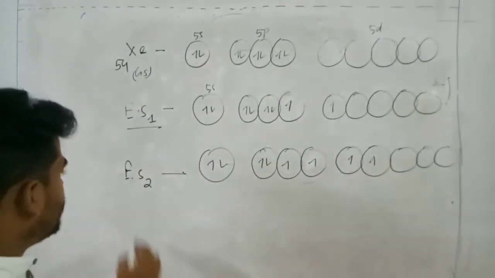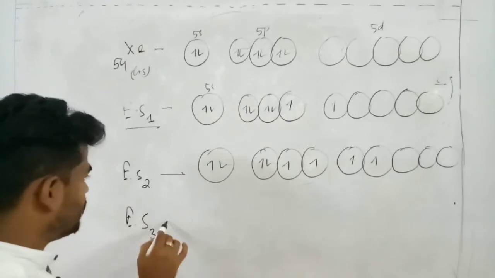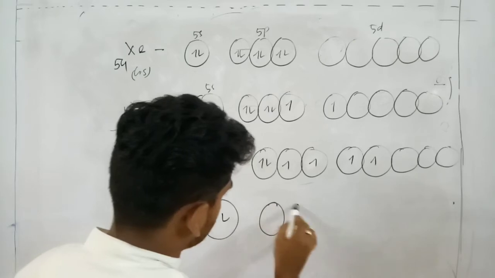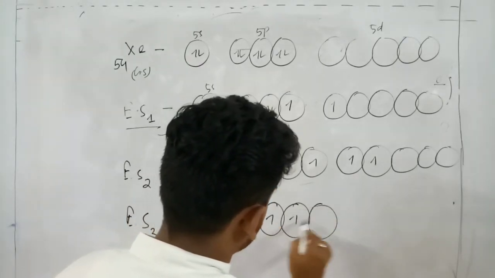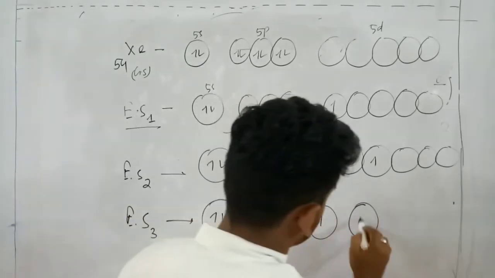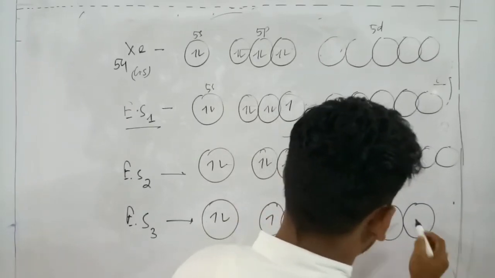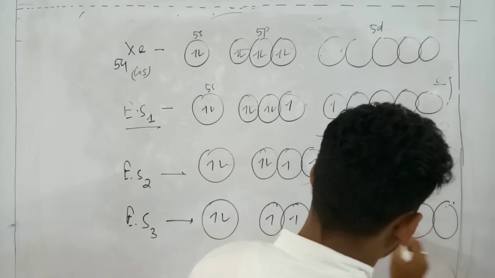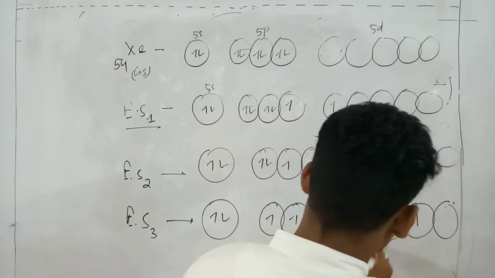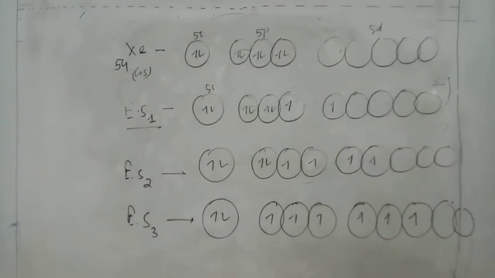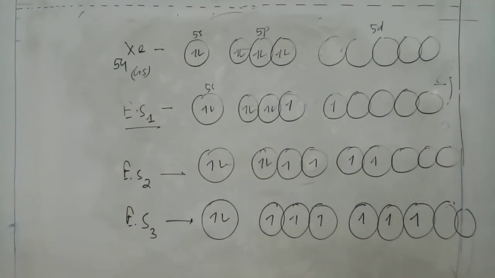Okay, in the third excited state, there will be 2 electrons, 3, 1, and another orbital.